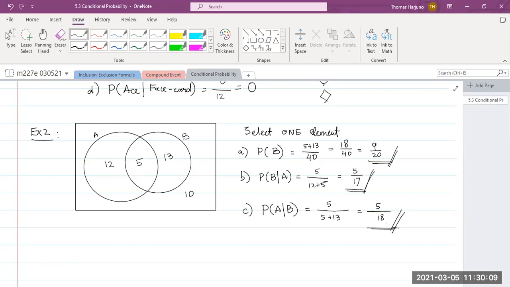Okay. Now let's do 2 more problems just to make sure that we really get it. How about the probability of selecting an element in B, knowing that the element is not in A?